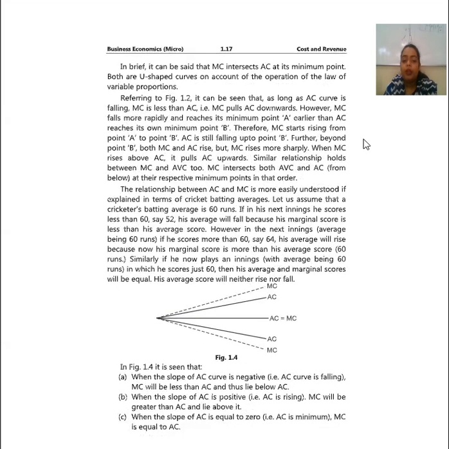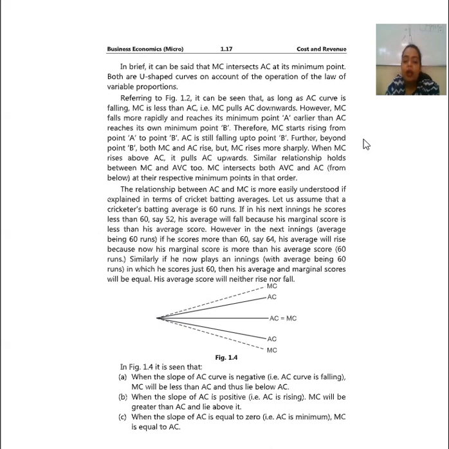Referring to figure 1.2, as long as the AC curve is falling, the MC curve is less than AC. That is, MC pulls AC downwards. However, MC falls more rapidly and reaches its minimum point A earlier than AC. AC reaches its own minimum point B. Therefore, MC starts rising from point A to point B.